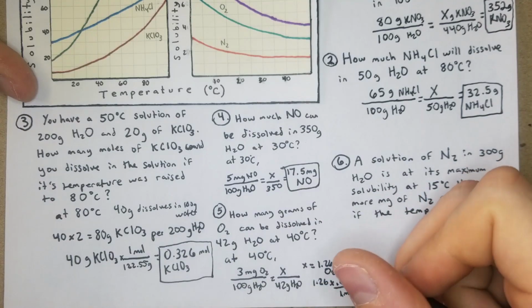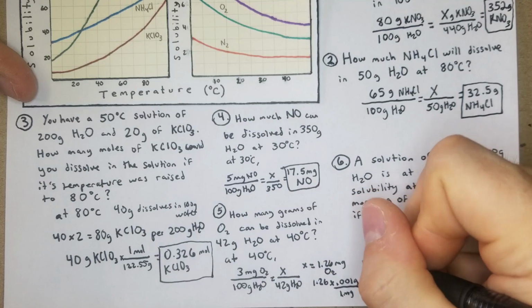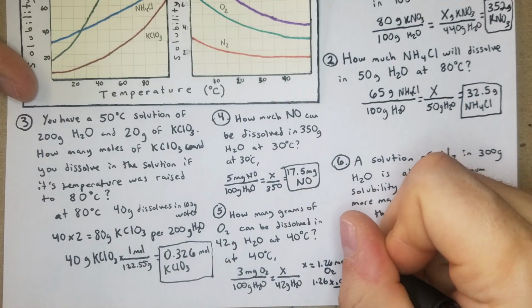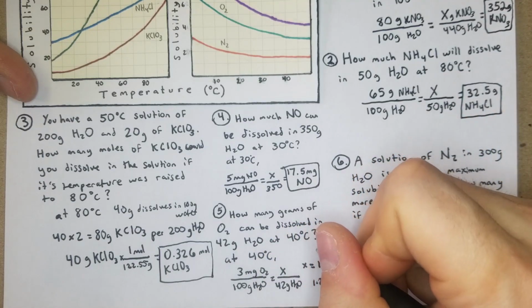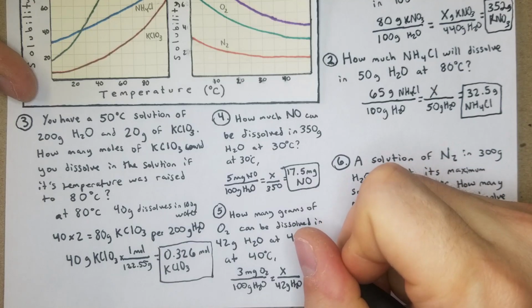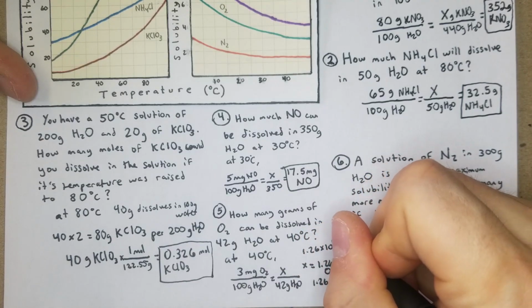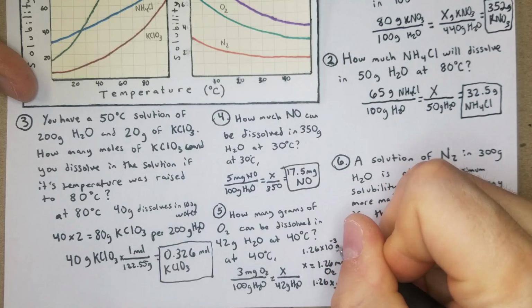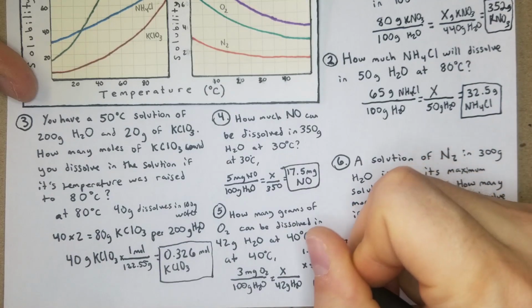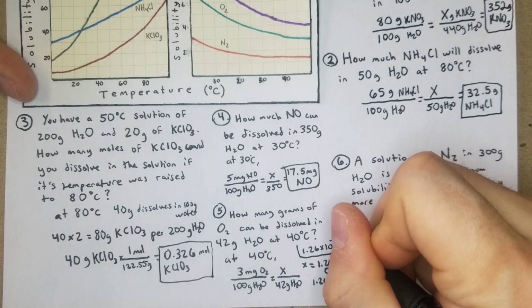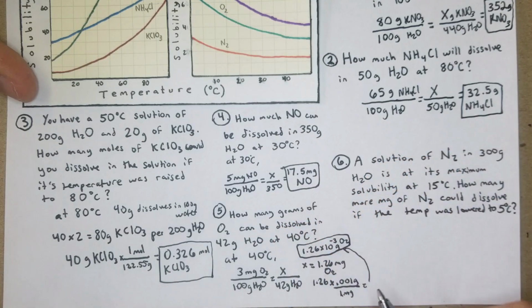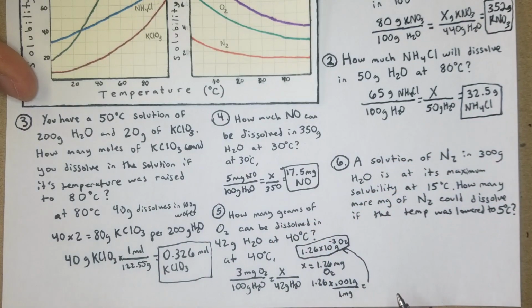And we're just going to do that metric conversion. I'll put the final answer up here. We're going to end up with 1.26 times 10 to the negative 3 grams of O2. In other words, 0.00126. All right, cool.